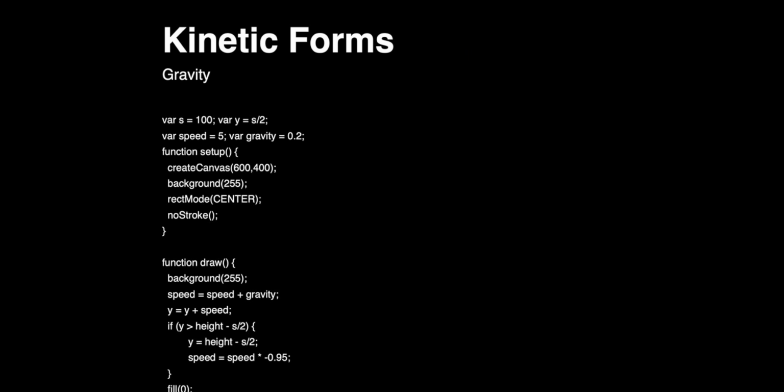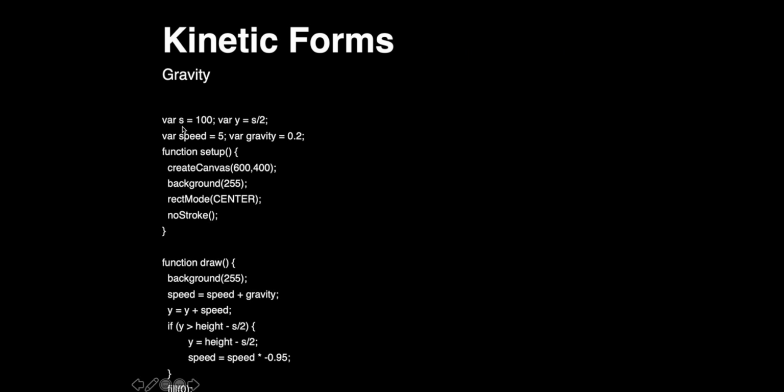So the next thing we're going to be playing around with is gravity. So we can create our own kind of fake gravity in P5 by updating the speed based off of a decimal point, like 0.2.